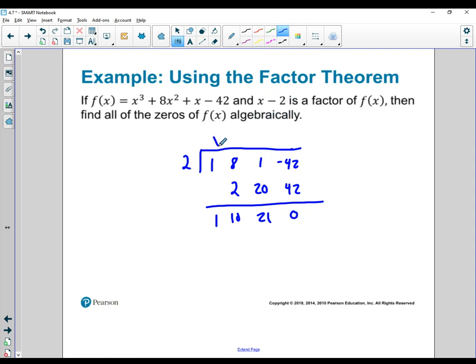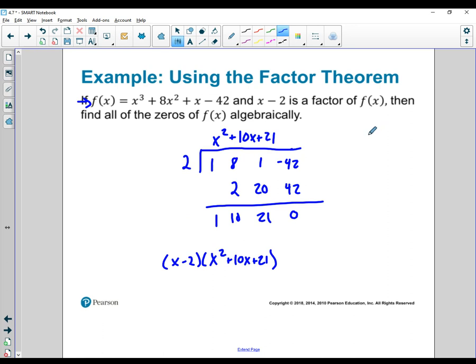So what that means is we have x squared plus 10x plus 21. And it means that our factor x minus 2 times this thing up here is the same thing as our original f of x, right?